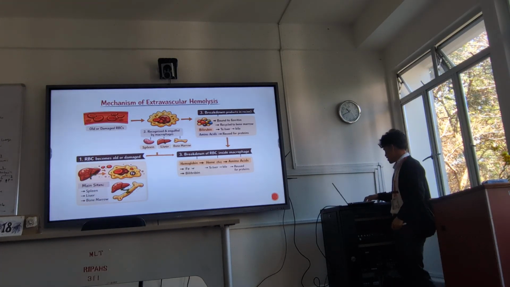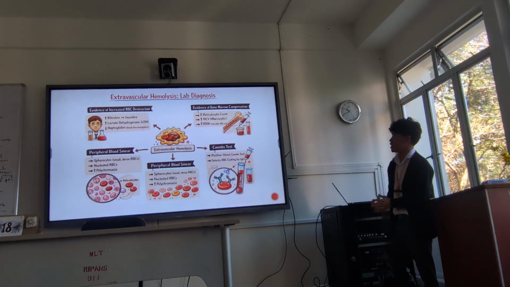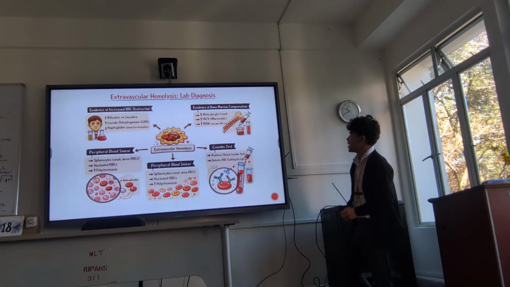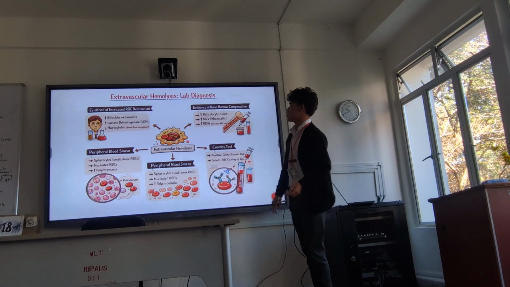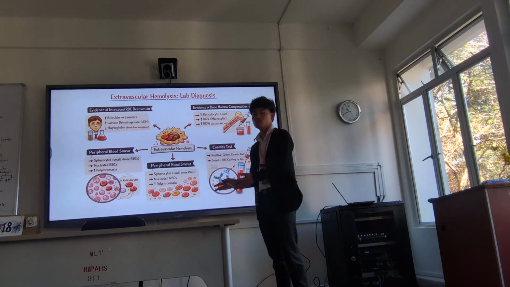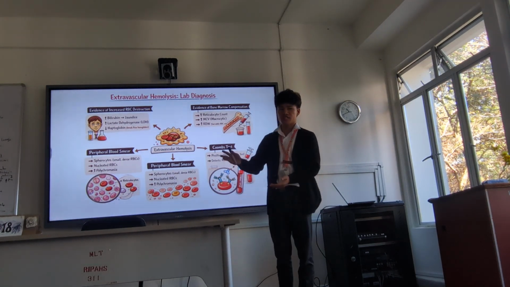Yes, very good. And these are the diagnostic findings of extravascular hemolysis. As you can see, evidence of increased RBC breakdown will increase bilirubin, eventually leading to jaundice, and LDH also will increase.